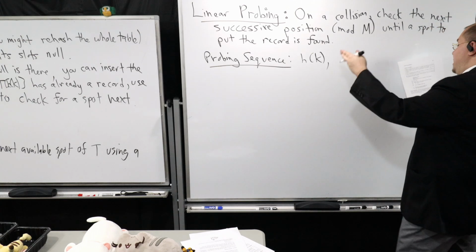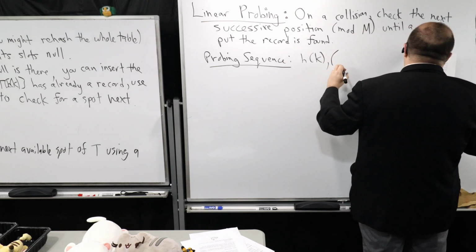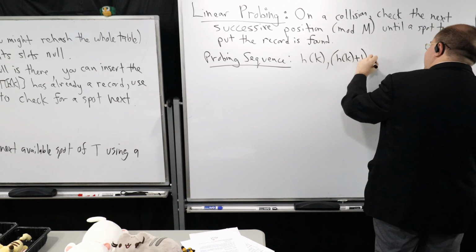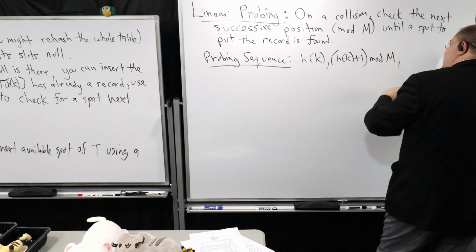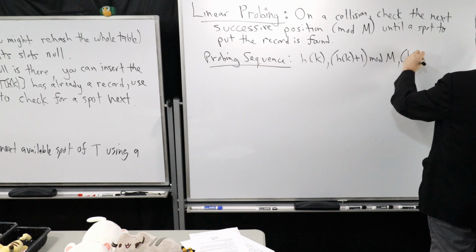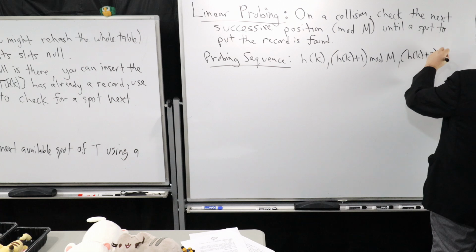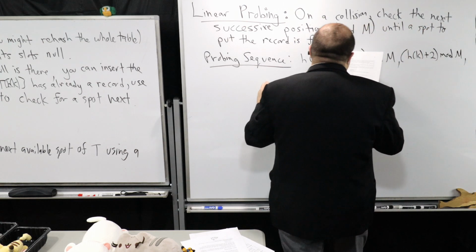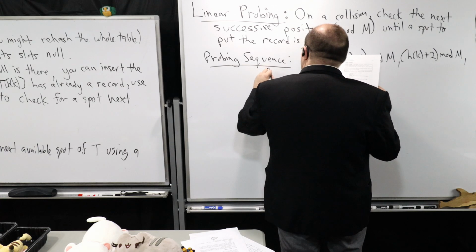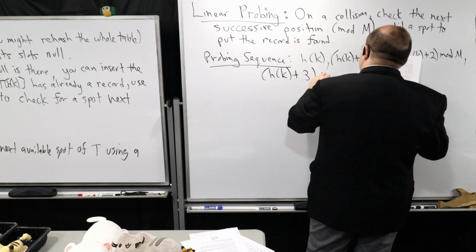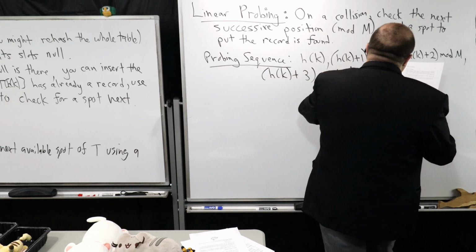Otherwise, you apply h of k plus 1 mod capital M. If you get a failure to insert here, then you try h of k plus 2 mod capital M. After that, if you fail to insert, you try h of k plus 3 mod M. And you just keep doing this.